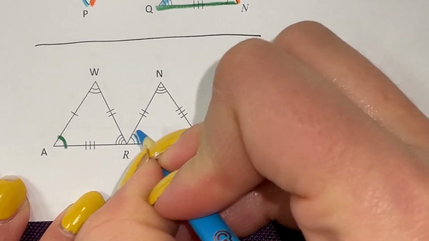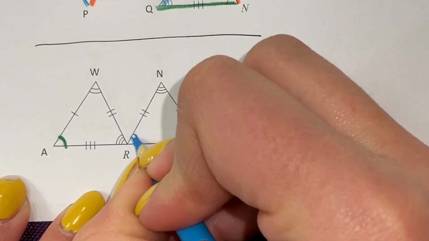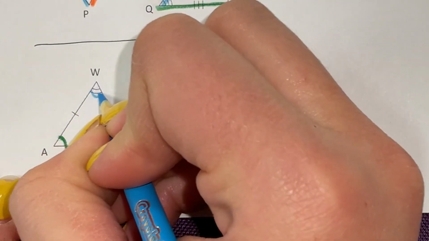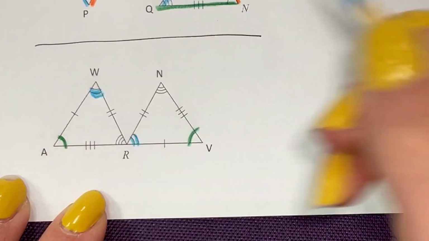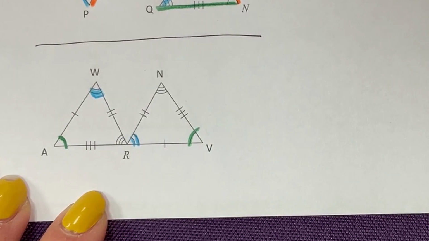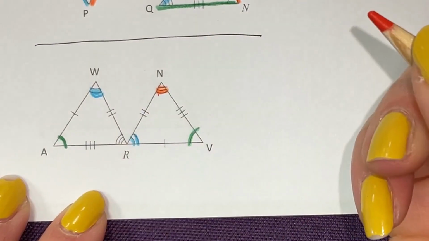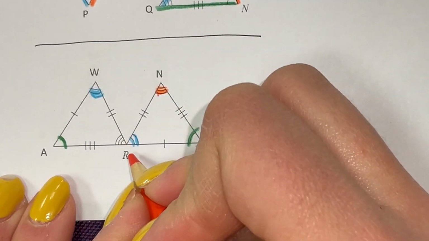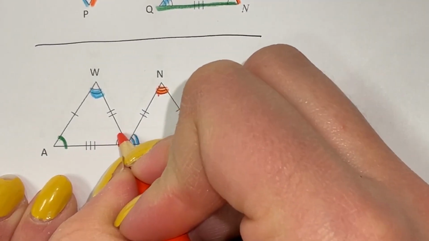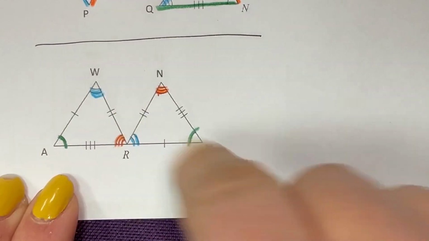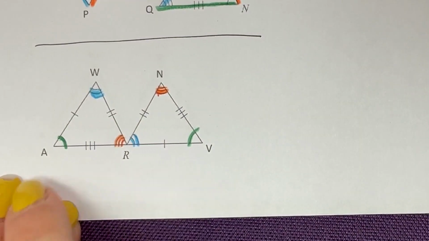R on the right side here has the double tick mark, and then W has the double tick mark. And then we have N vertex has a triple tick mark, and R on the left side here has the triple tick mark. So that's the order my triangle needs to go in. They need to match.